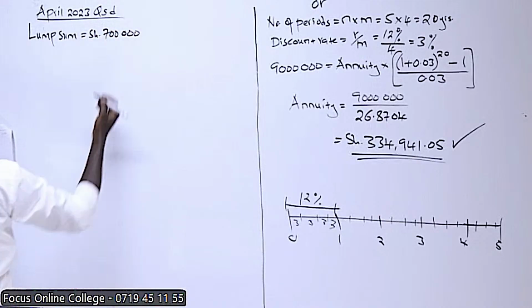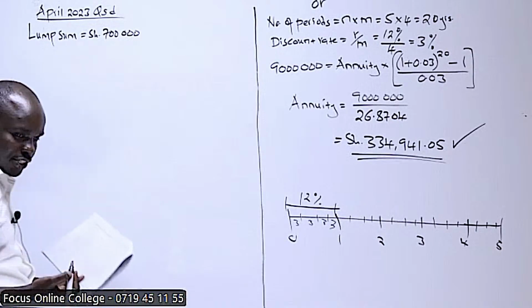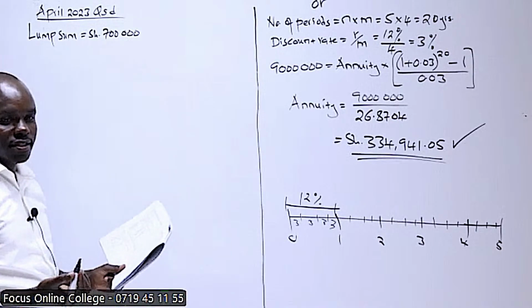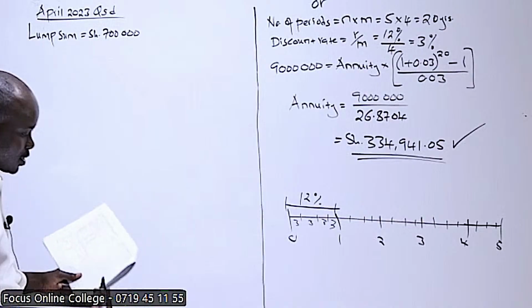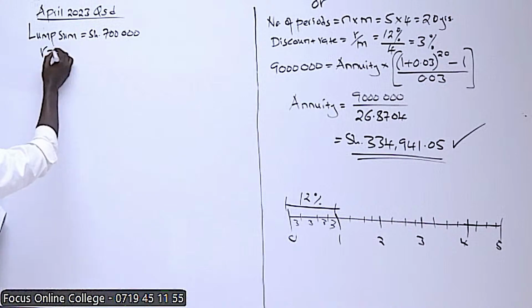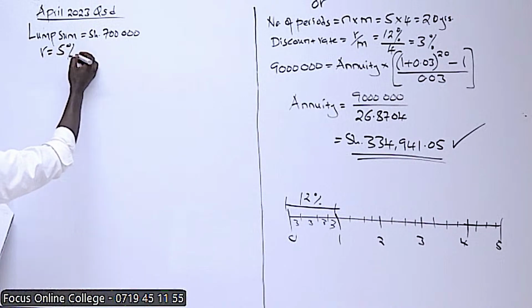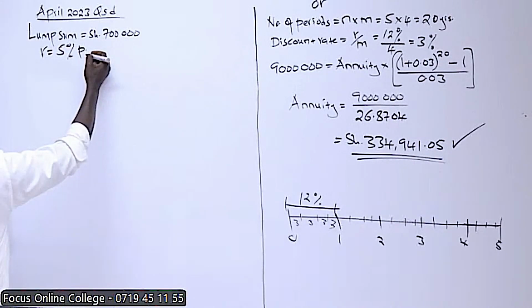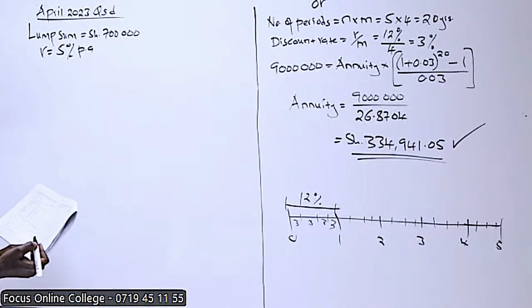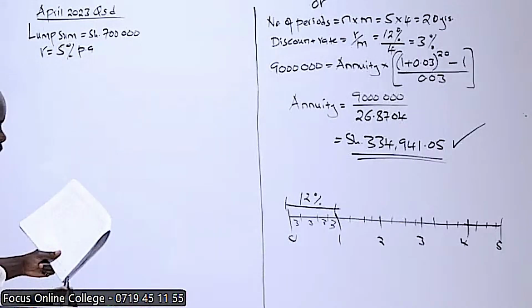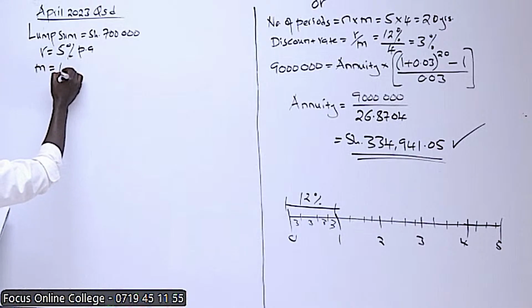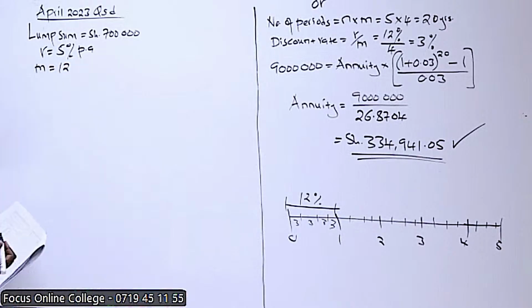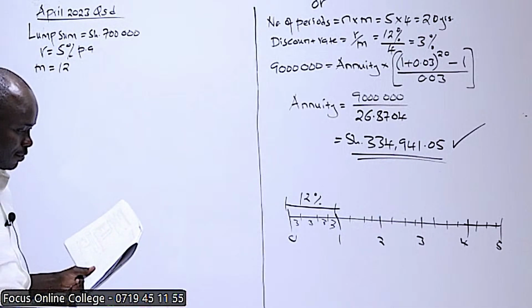Initially he deposits 700,000 shillings into a savings account at an annual interest rate of 5% per annum, but compounded monthly. M is 12. The number of times compounding is occurring in a year is 12.